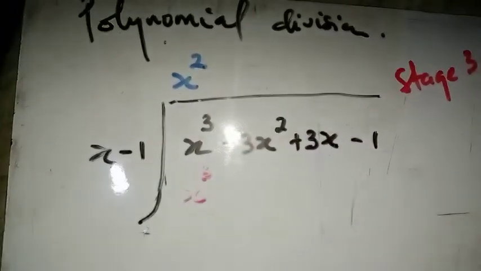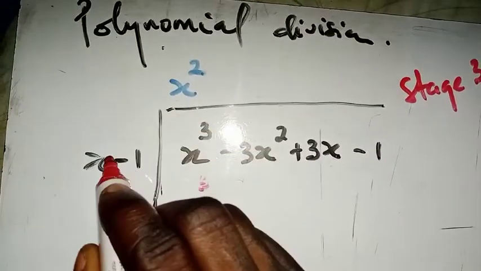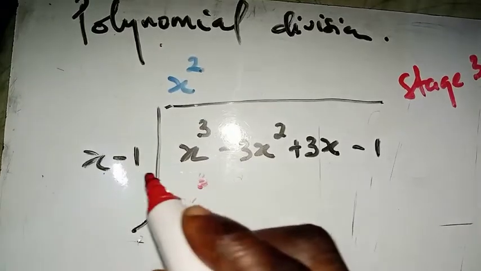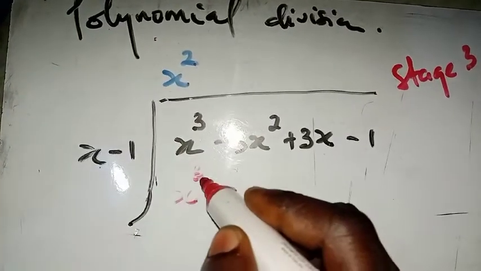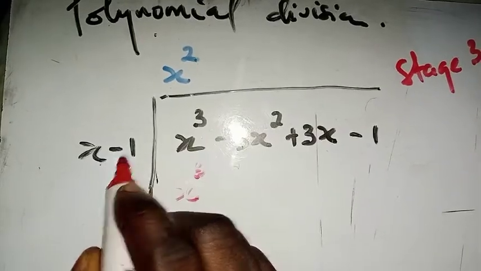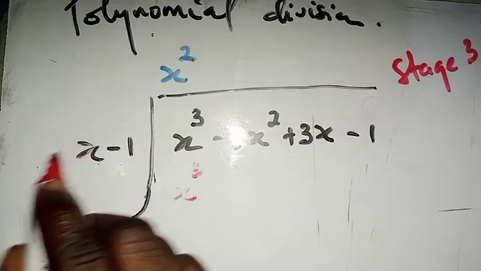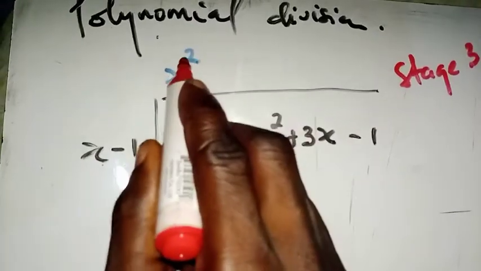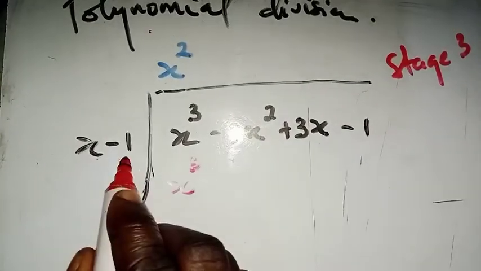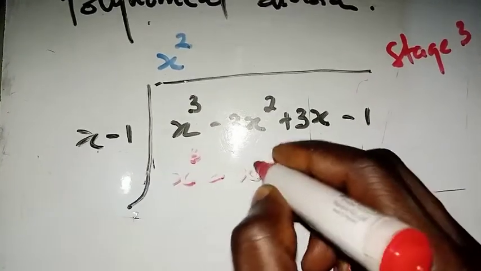Then x squared multiplied by negative 1 gives negative x squared. Whatever you have here must be multiplied by everything that is there. If there are 3 terms, make sure you multiply your answer by all of them.